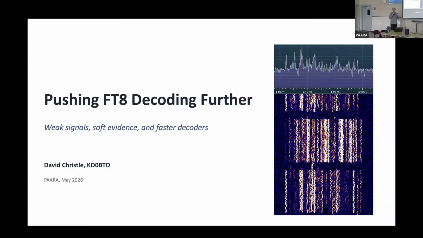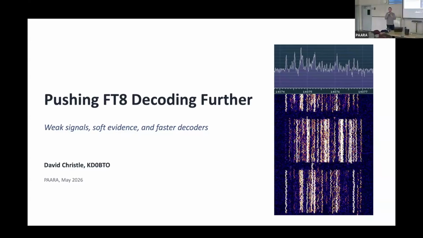At the other end of the talk, I'm going to get into some experiments where I'm trying to push FT8 decoding further. That means trying to detect even weaker signals and trying to make it more efficient. When you run WSJT-X with the full decoding settings, it wants a mid-range desktop computer.